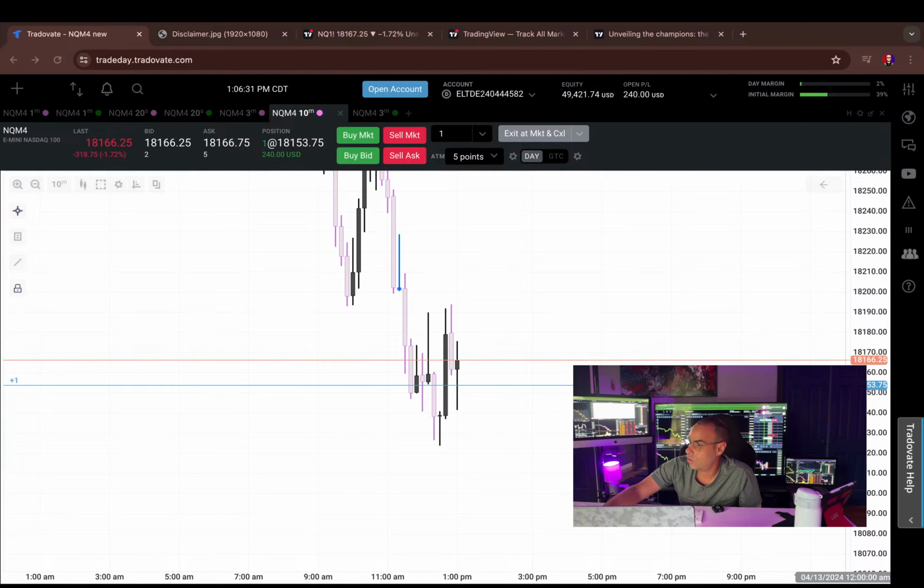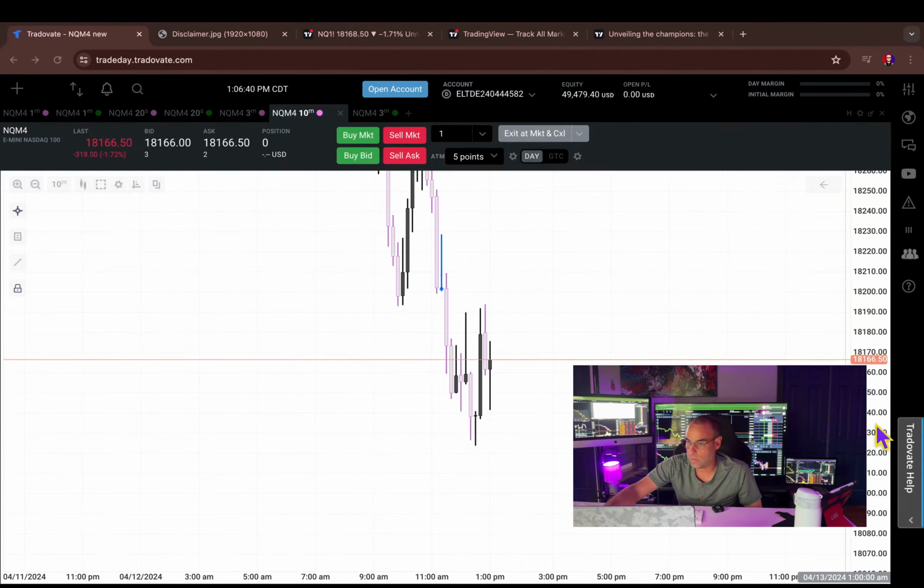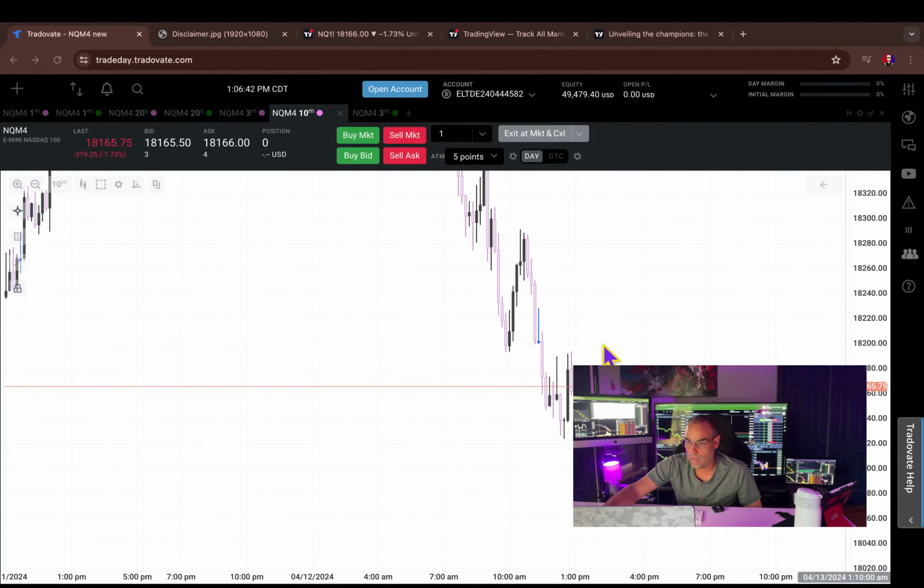I'm risking 100. So if it gets below 200, I'm out too. There. Okay, I'm out of that trade. Could be bigger. I mean, could be a better trade, but we ran the high here very tight. So it was good to get out there.